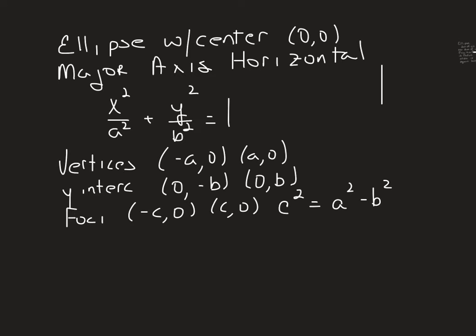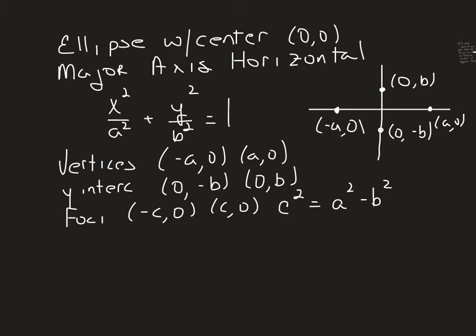This is a rough sketch, remember. See, this is (-a, 0), (a, 0). Here's (0, b) and (0, -b). The major axis, or the longer, is horizontal, and that corresponds to a.